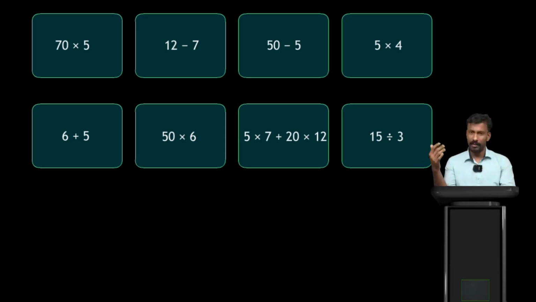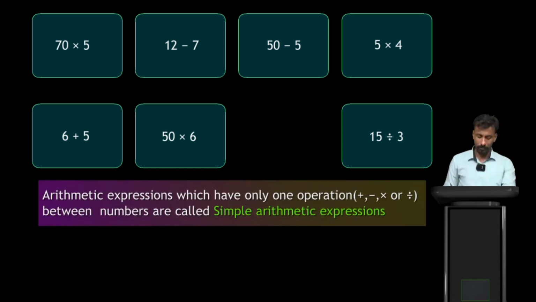So in the last slide we have seen that these types of expressions are called arithmetic expressions. Now look, arithmetic expressions which have only one operation, plus, minus, multiply or divide, between numbers are called simple arithmetic expressions.